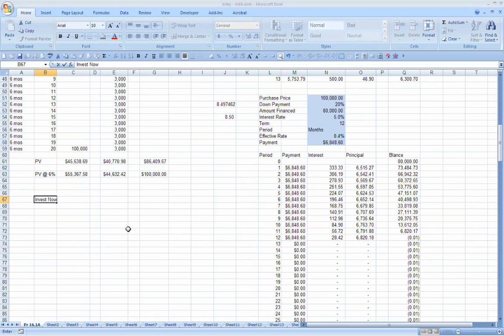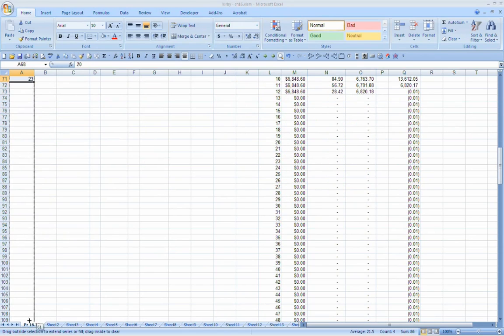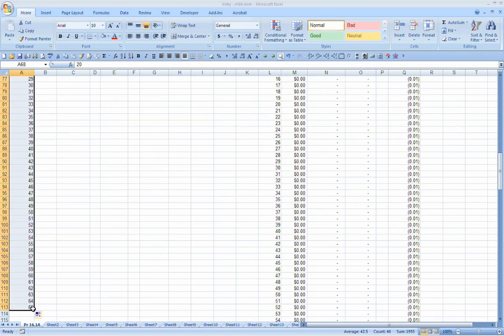Invest now, invest later. So this is year 1, 2, 3, 4. Let's put your age down. Okay, so if you're 20 now, 21, 22, 23, all the way to, let's say, 65.